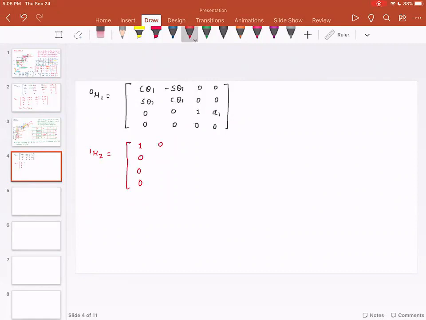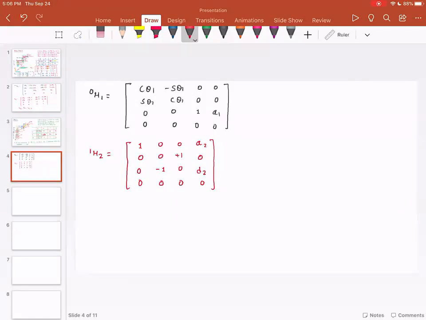That gets multiplied with sine of 0, so you get 0. You get minus 1. You get 0 here, you get 0. You get plus 1 here. You get 0, you get 0. And last but not least, the theta 2 value is 0. So A2, 0, D2, 0. This is what you get by plugging in DH parameters.